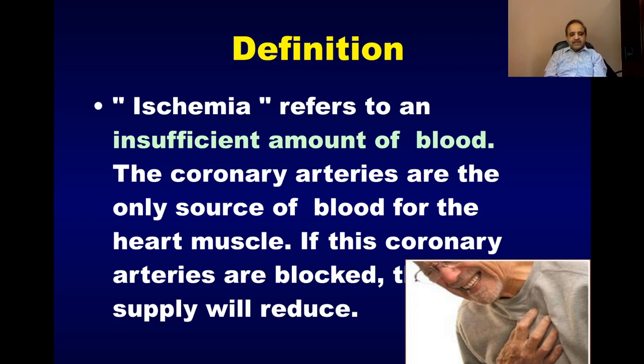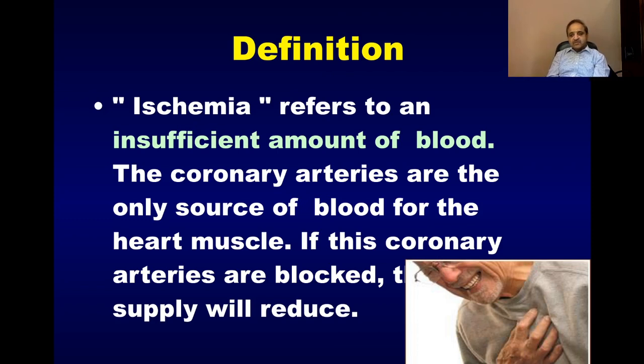You know that by definition, ischemic heart disease is a condition in which an insufficient amount of blood is supplied to the heart muscles. And in most of these conditions, the commonest cause is an atheromatous plaque within the coronary artery.